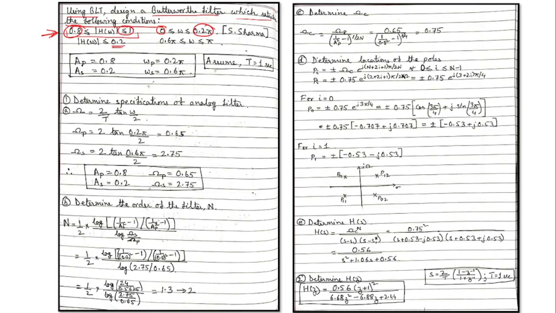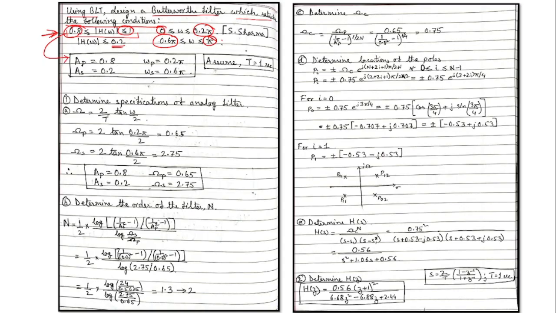And where is the stop band? Stop band is in the frequency range of 0.6 pi to pi.